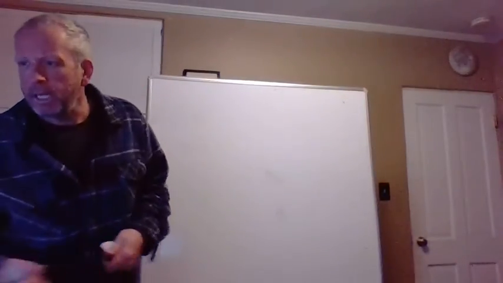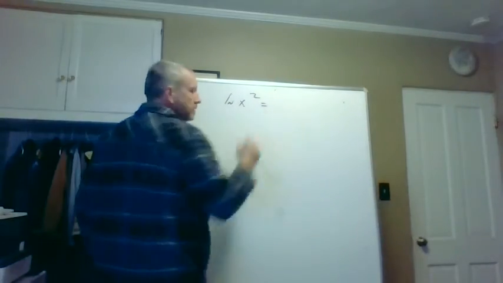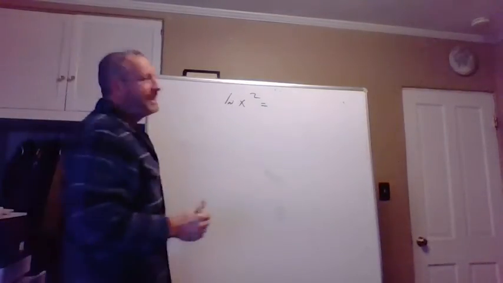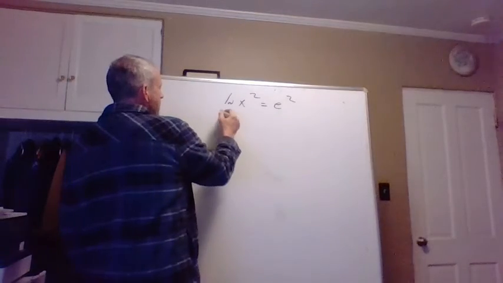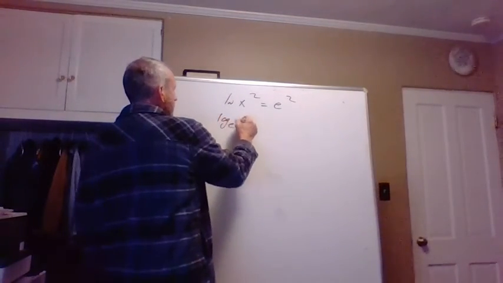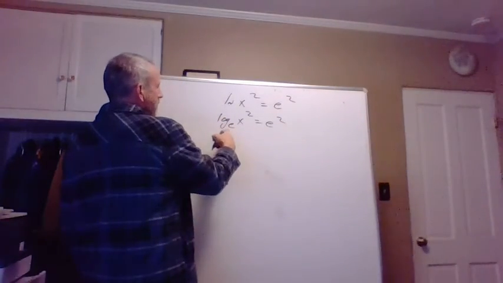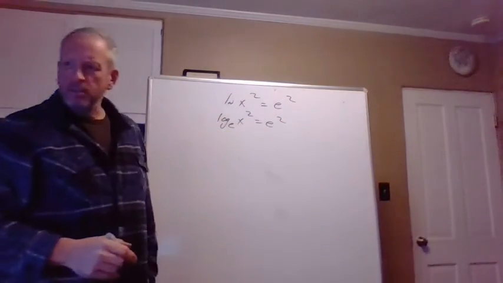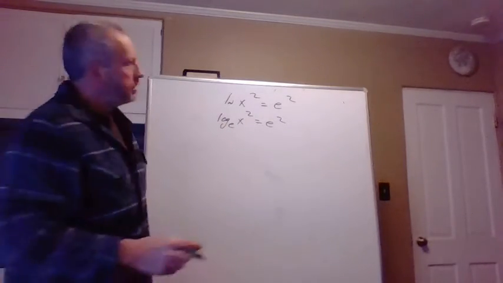And the last one, the natural logarithm of x to the power of 2 is equal to e to the power of 2. Let's see, this is the same thing as this. And this would tell us that, whoa, did I actually ask you this question? Let's see.